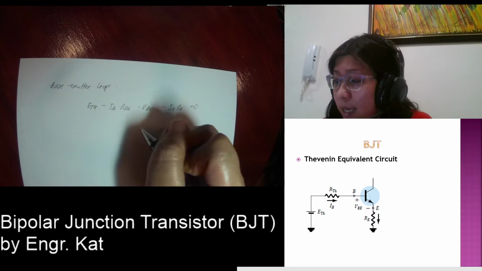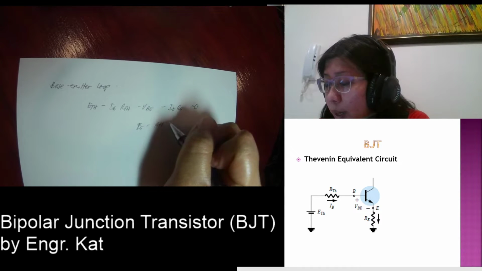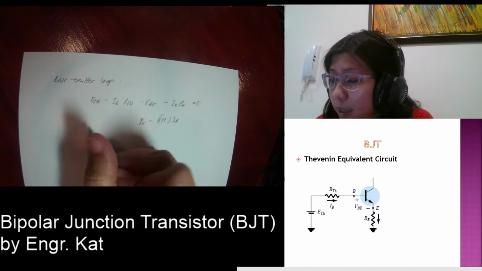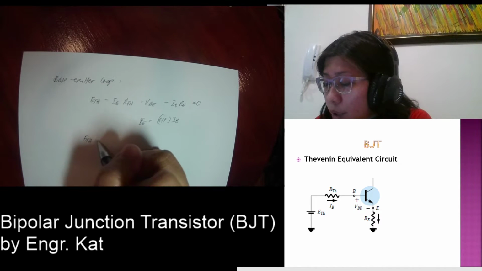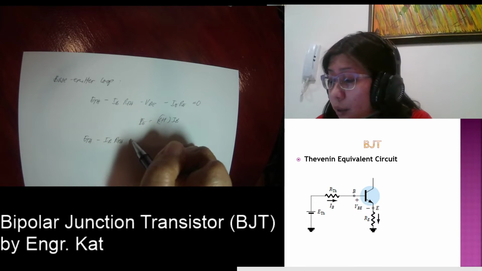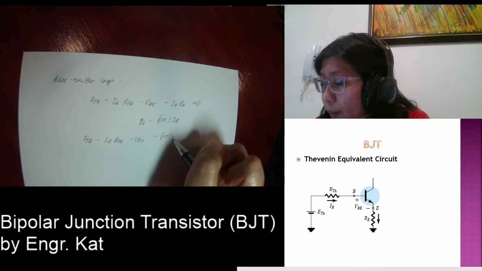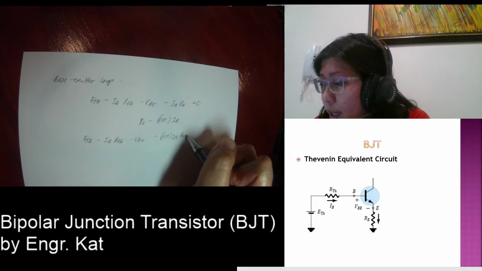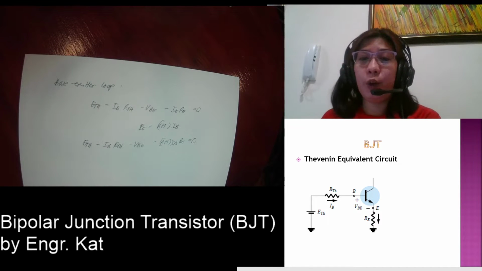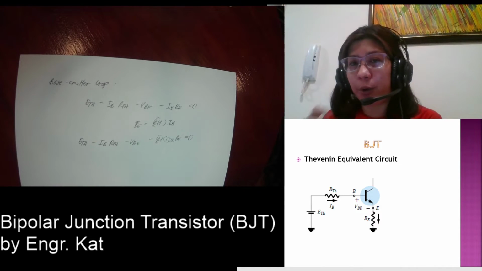However, what is IE? IE is equal to beta plus 1 multiplied by IB. So substituting that in the formula, you have ETH minus IB multiplied by RTH minus VBE minus beta plus 1 times IB times RE is equal to 0.